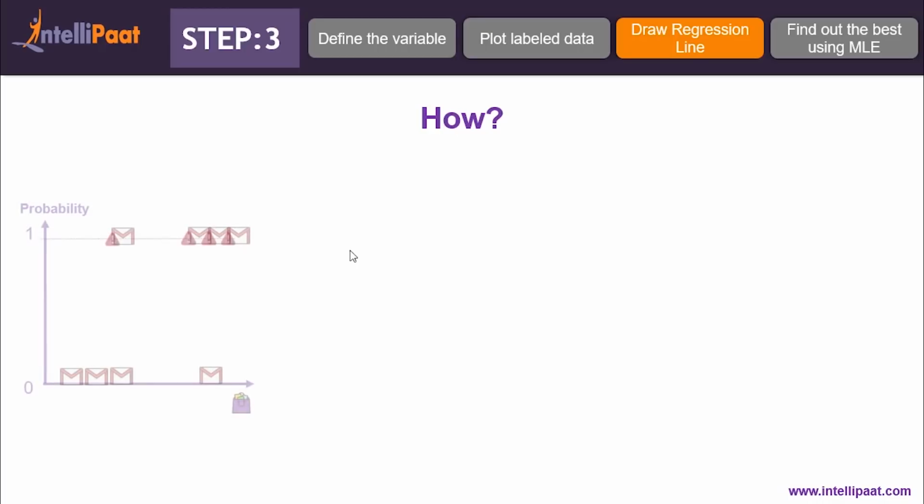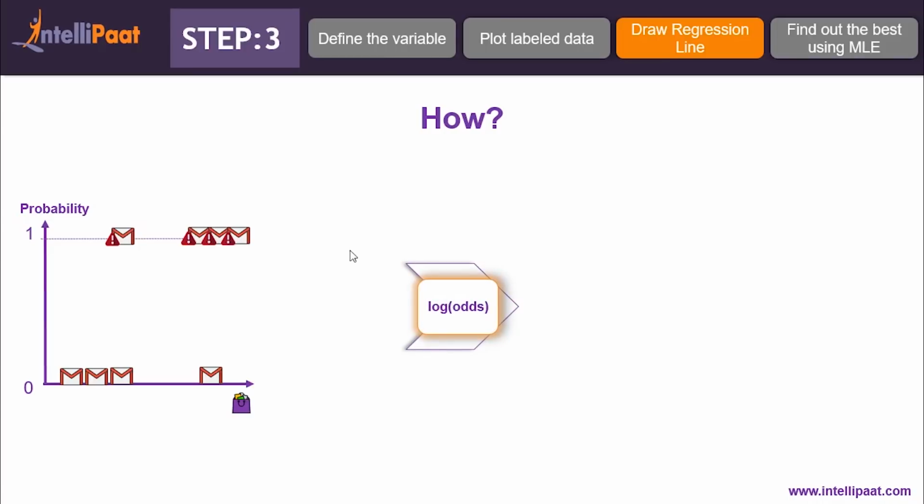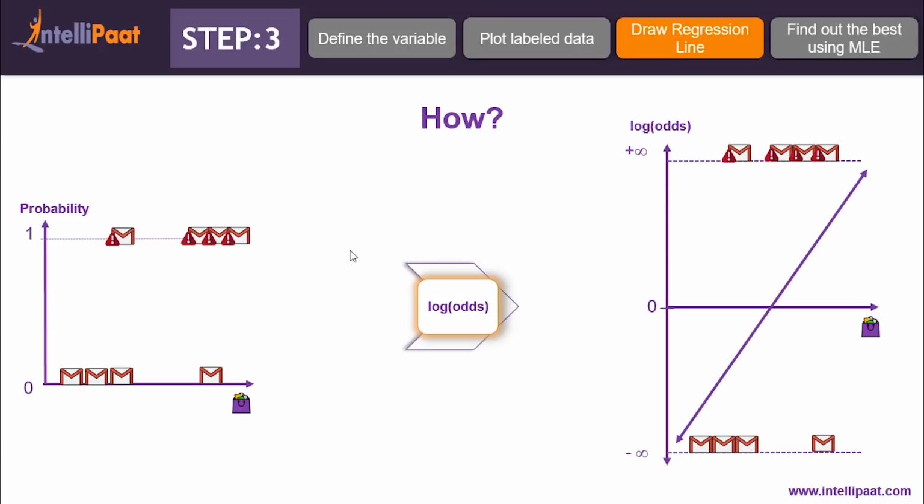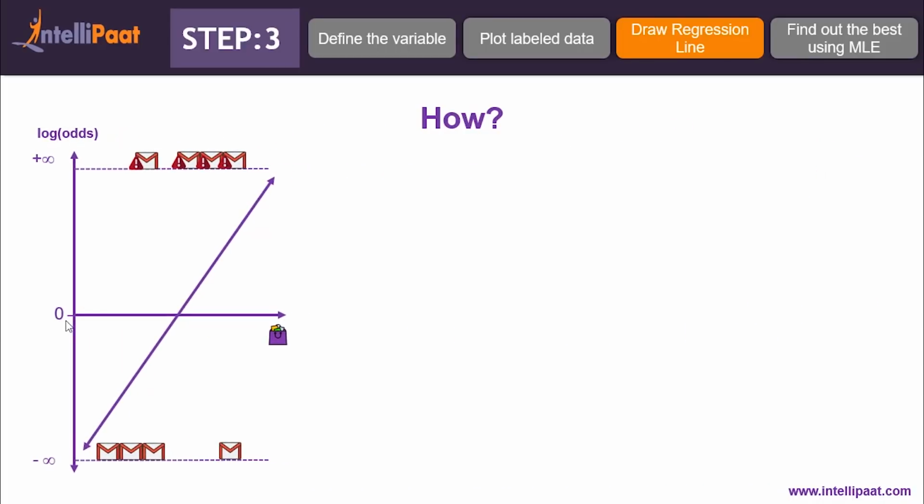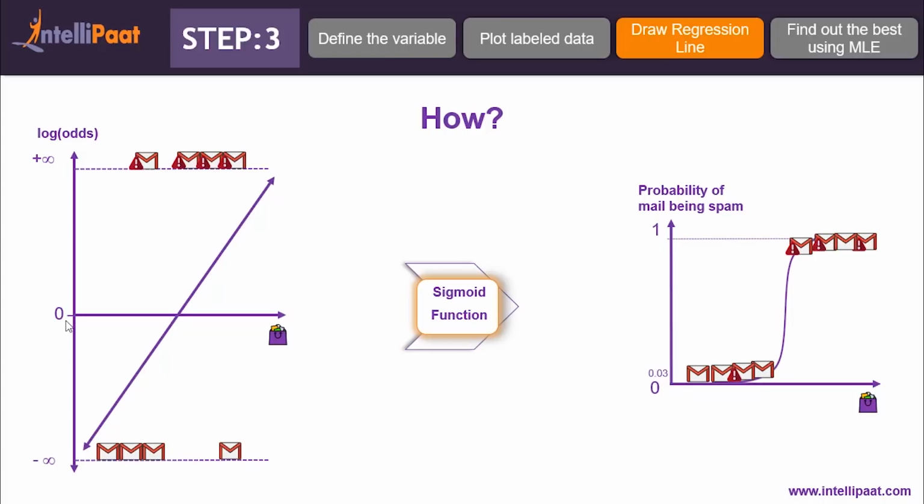Well, the first step is to convert the y-axis from the scale of probability confined between 0 and 1 to a scale of log odds. Then drawing a random regression line out of the data that we already have. Then with the help of sigmoid function, we'll convert the log odds to the probability of mail being spam. We'll plot each mail on the basis of their new probability values.